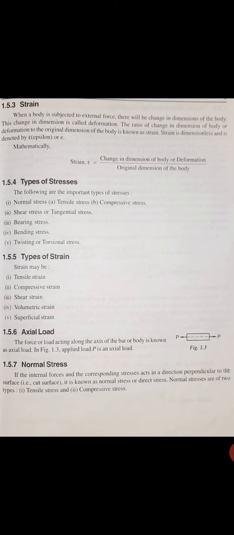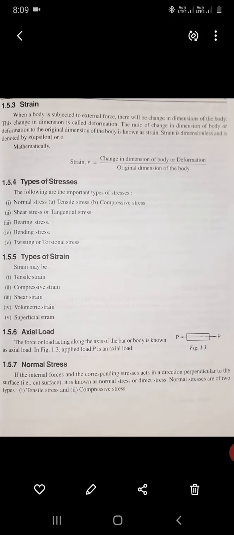Now, types of stress. There are different types of stress. They are normal stress, which has two substresses: tensile stress and compressive stress. Tensile stress means a pulling stress. Compressive stress means a pushing or compressing stress.